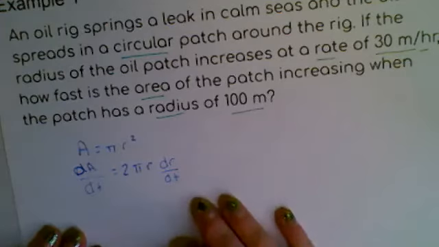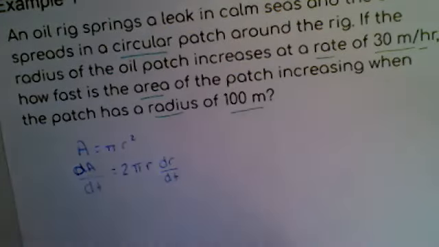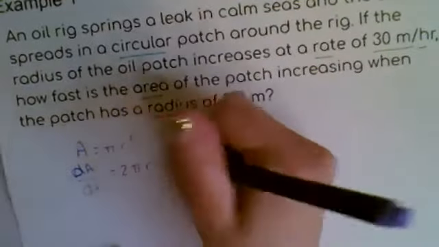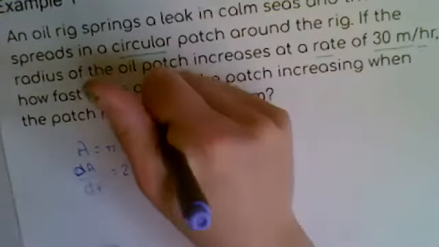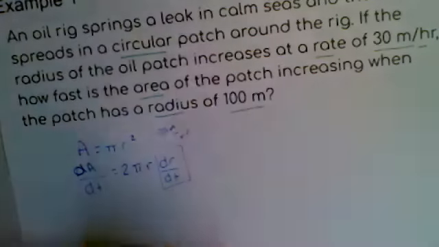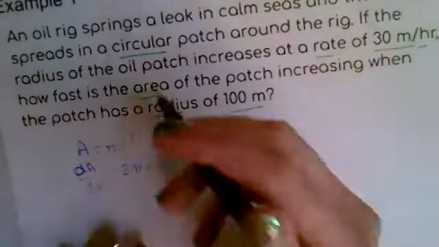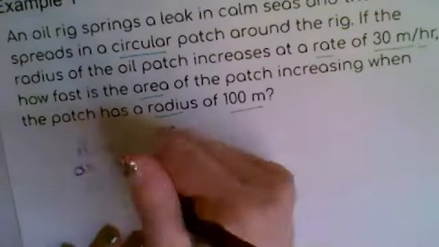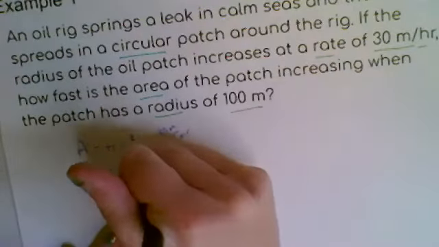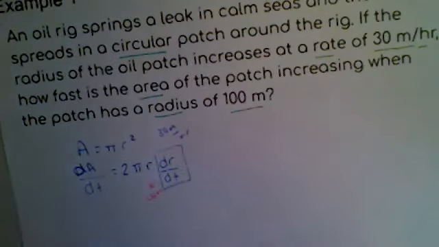So now what you should be noticing is I already know what dr/dt is. dr/dt is 30 meters per hour. I also already know what my radius is. My radius is 100 meters. So now I'm just going to substitute all of that in.